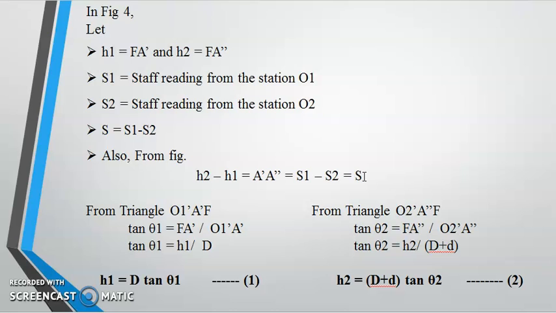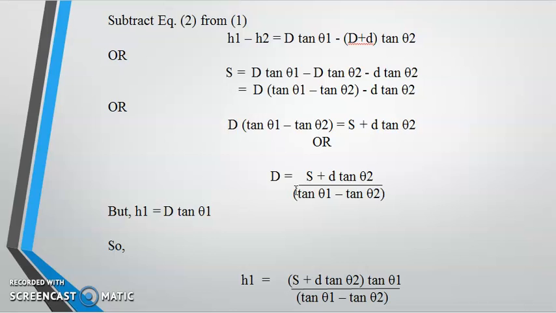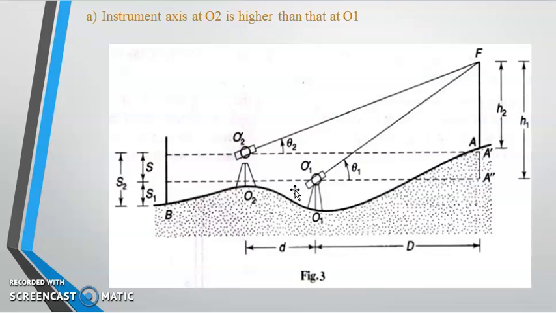Now again considering two triangles, F O1 dash A double dash, we will write the equation for tan of θ1. Again using the second triangle F O2 dash A dash, we will write the equation for tan of θ2.